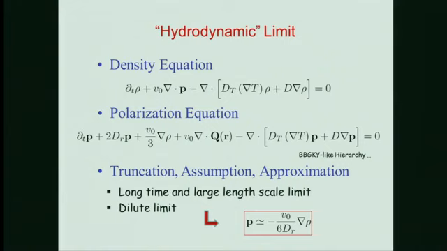We've seen this kind of thing earlier on in the week, and many people in the audience are better experts than I am on this kind of calculation. But I do the simplest thing possible, which is basically stop at this level and here take the limit of long time and large length scale.